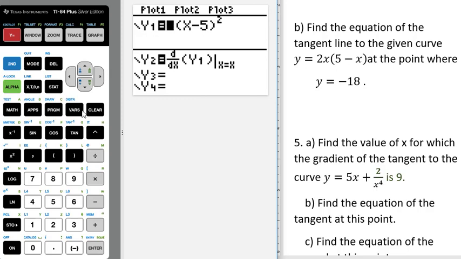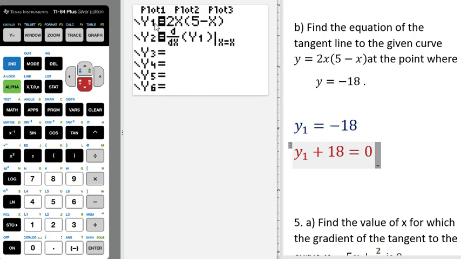This time we will plug into y1, that is 2x times 5 minus x. In your mind, remember y1 is the original function. y2 is the first derivative of the function.